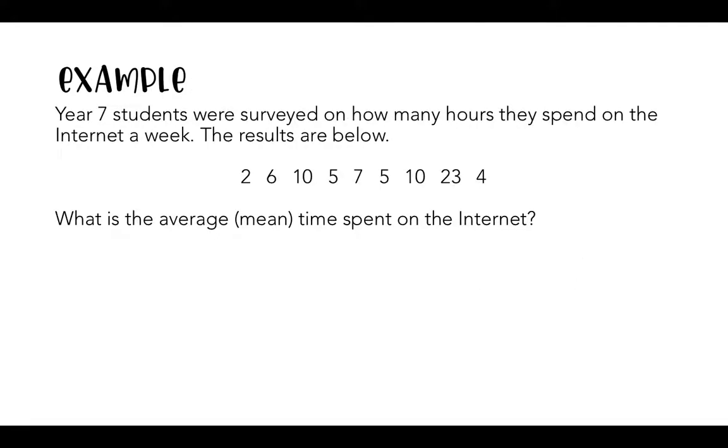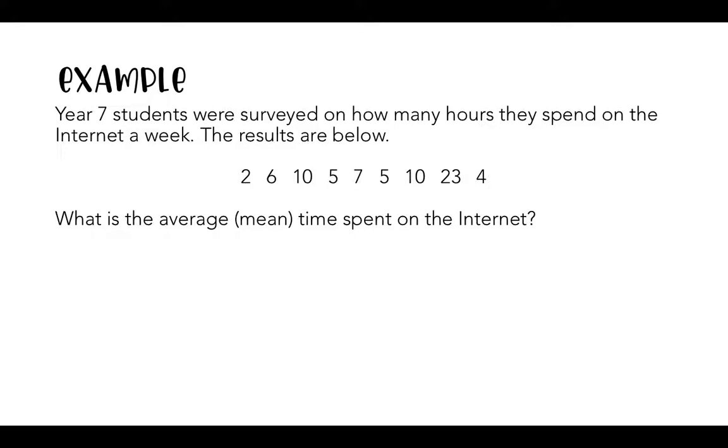Year 7 students were surveyed on how many hours they spend on the internet a week. The results are below: 2, 6, 10, 5, 7, 5, 10, 23 and 4. So what is the average, the mean time spent on the internet? Okay, so I want you to pause it. The first thing you do is add all those numbers together and then you divide it by how many numbers there are.